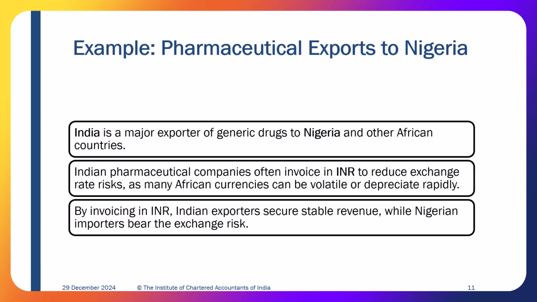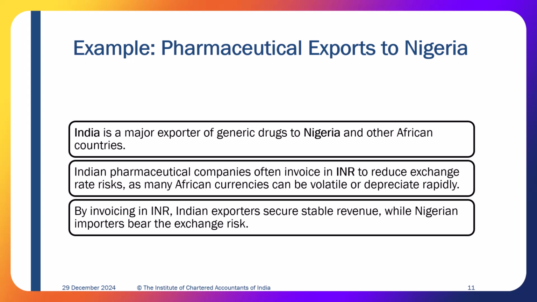Is that okay? Now you are passing on the risk to the Nigerian customer or a supplier, rather than taking the foreign exchange risk on your shoulder, because Nigerian currency may depreciate or become half, and you are going to lose heavily. So you say that we are going to invoice you in rupees only, and not in your own currency. So countries like Nigeria will always accept that.